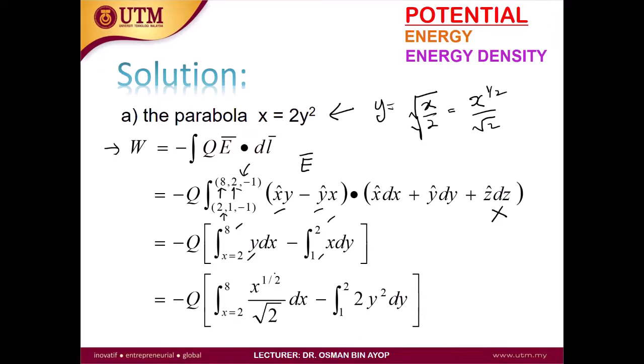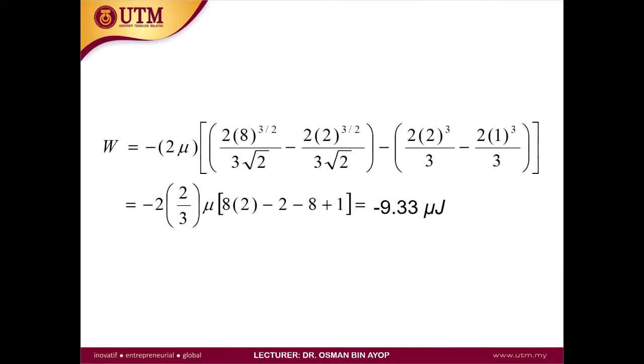That's why you get here y equal to x^(1/2) divided by square root of 2, dx. And for the dy term, because we want to integrate with dy, x is equal to 2y squared, so you have to change to 2y squared. Then you solve the integrations, and this is your final answer.